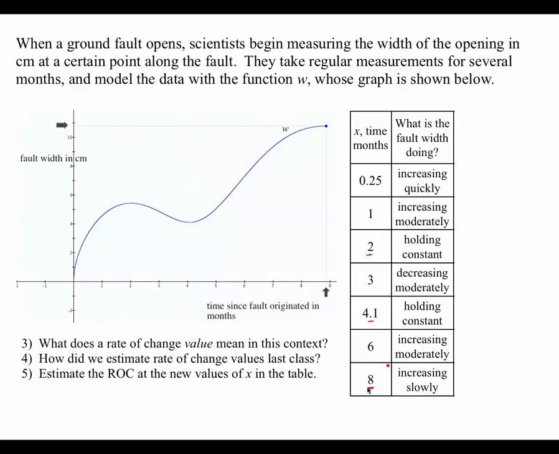So the ones I underlined in red there are new values. I think we did 0.25, 1, 3, and 6 last time. So I added some new values. So go, talk for a couple minutes, answer these questions. Just 3 and 4, and then we'll do 5 together, okay?